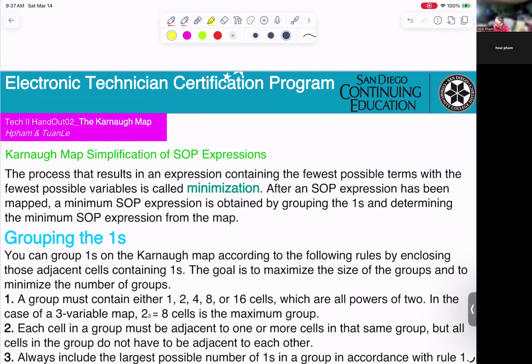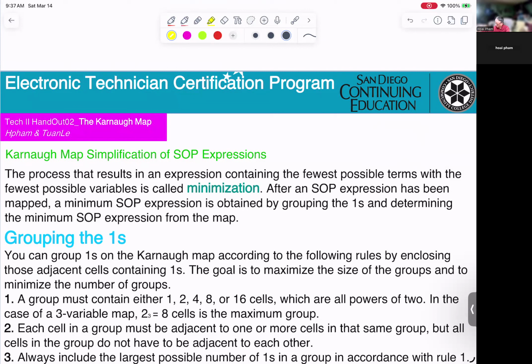After the SOP expression has been mapped, a minimum sum of product expression is obtained by grouping the ones and determining the minimum SOP expression from the map.